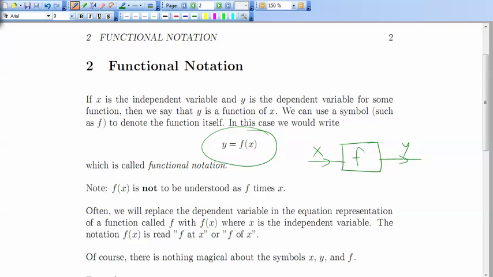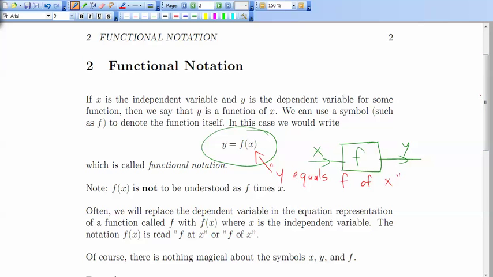So you give it a value x. It does something magical. We really don't know what, or maybe we do, but it can change. And it produces some output y. Now this notation that you see above, you would read it as y equals f of x. So that's how you would read that statement. It's definitely not a multiplication. Okay? Sometimes we also say y equals f at x.